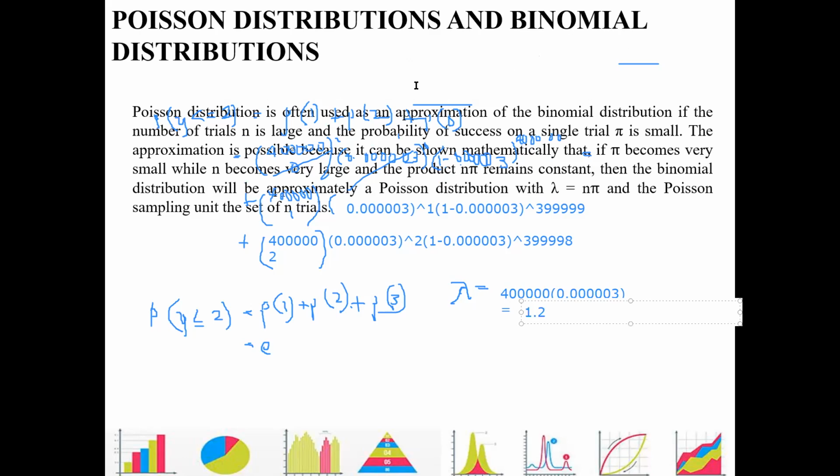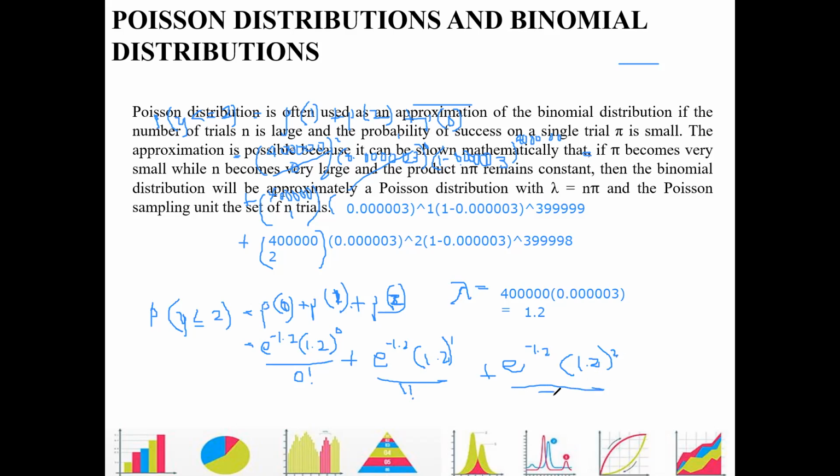So ito ay e raised to negative 1.2 multiply by lambda 1.2 raised to y, y is 0, 1, and 2 over 0 factorial plus e raised to negative 1.2 multiply by 1.2 raised to 1 over 1 factorial plus e raised to negative 1.2 multiply by 1.2 raised to 2 over 2 factorial.